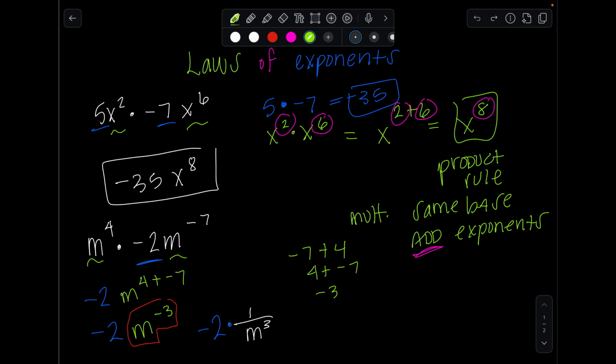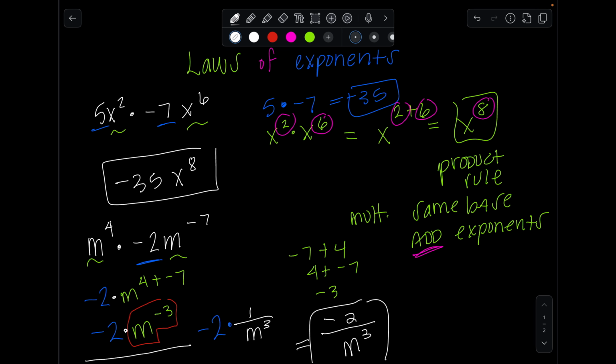Really what you're doing is you're keeping the -2 how you see it, okay? And you're just putting the red m to the -3 power at the bottom as a positive exponent. That's how you write it. So -2 times m to the -3rd power is the same thing as -2 over m to the 3rd power.